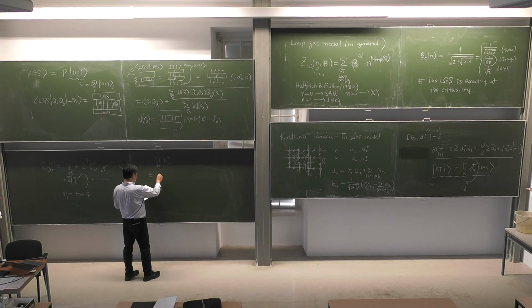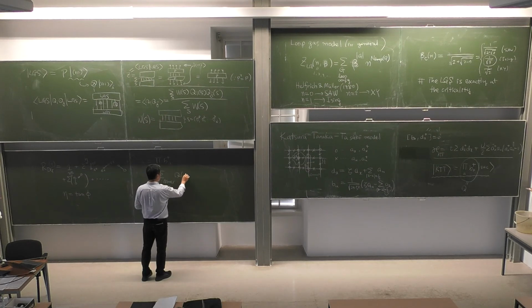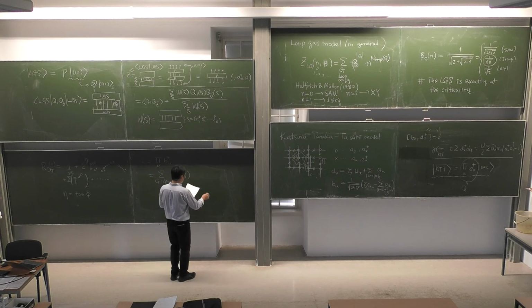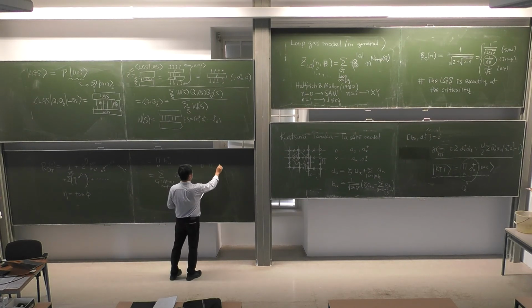And in this case, this is not the loop configuration, but a dimer configuration, in which, for example, there is a short line here and there.